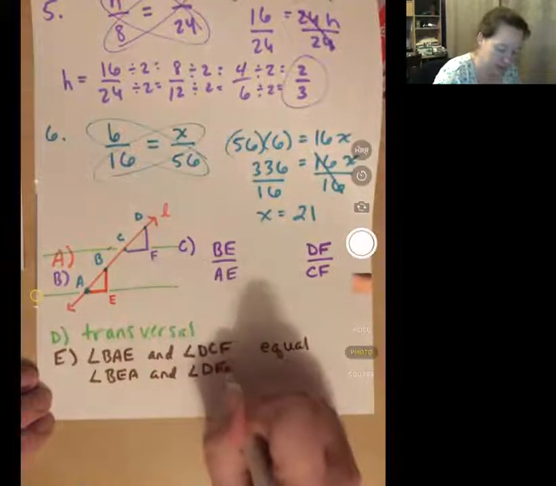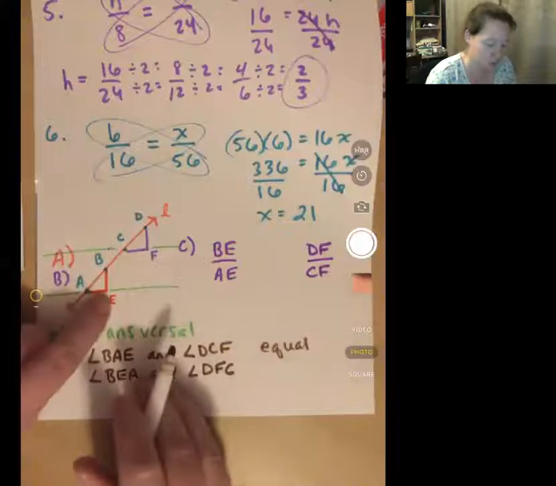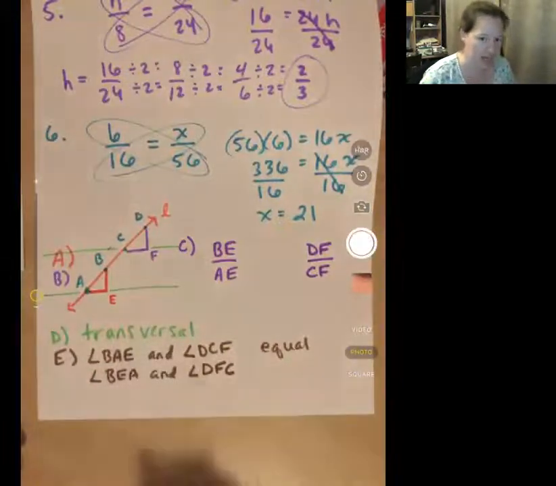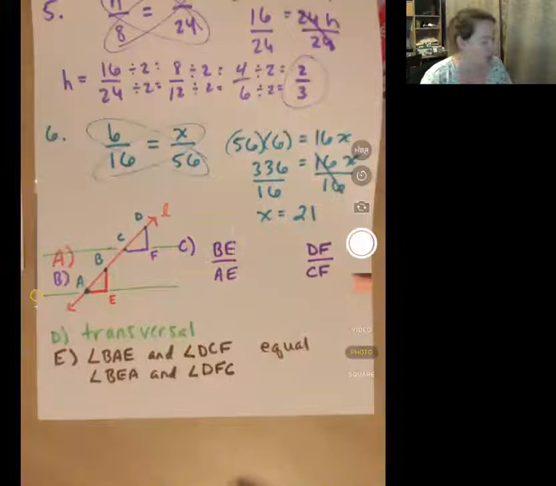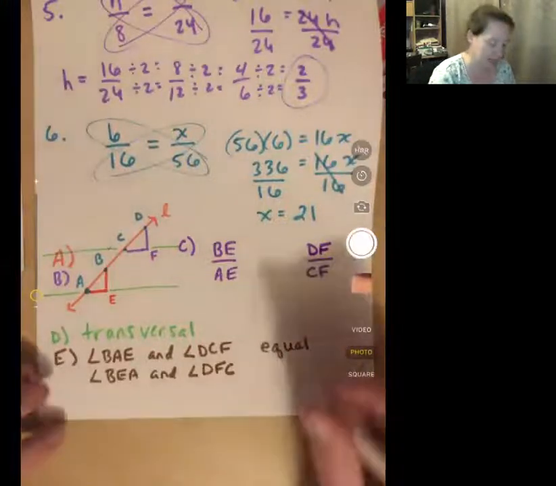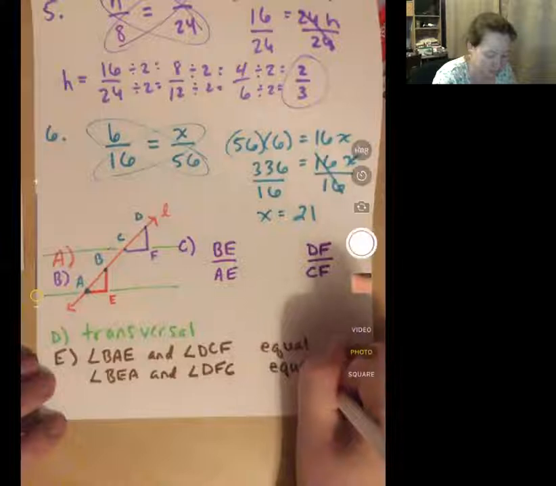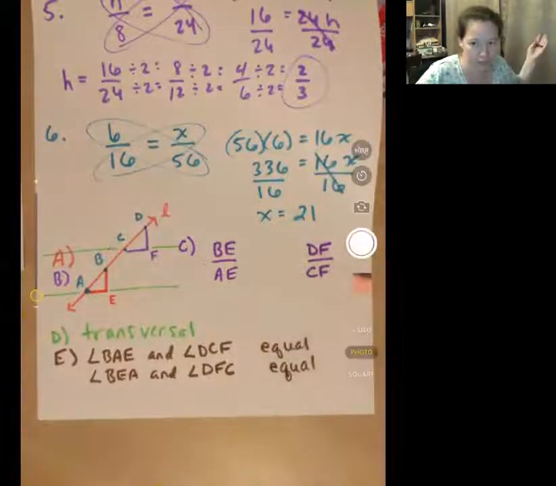Do you see where I'm getting that from? It's the same angle. See that? Okay, and angle DFC are right angles and are equal. They're also equal.